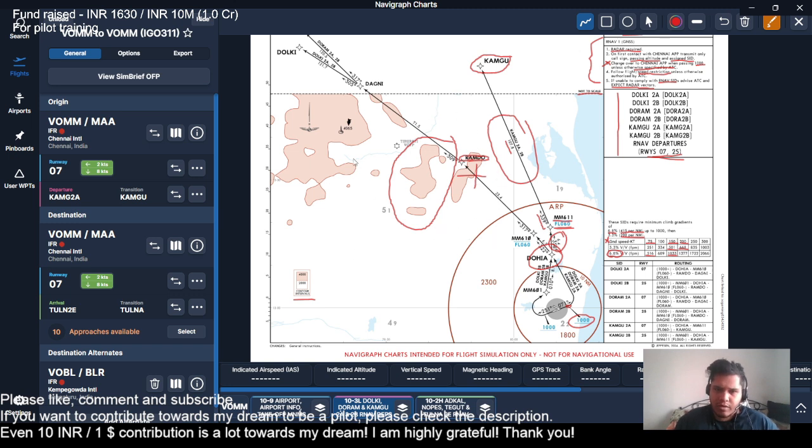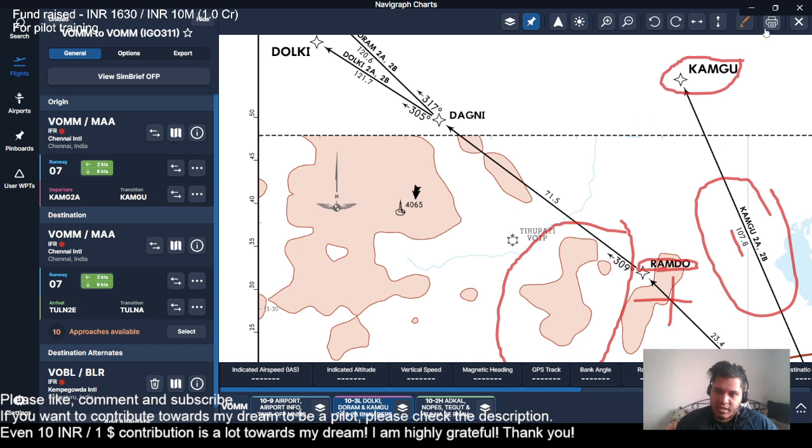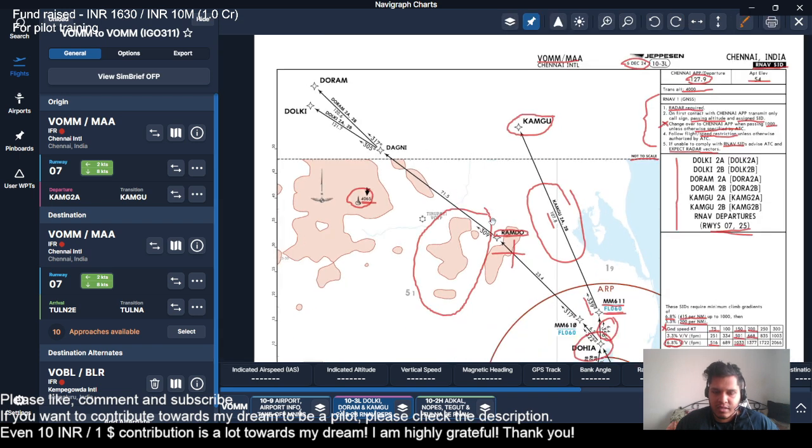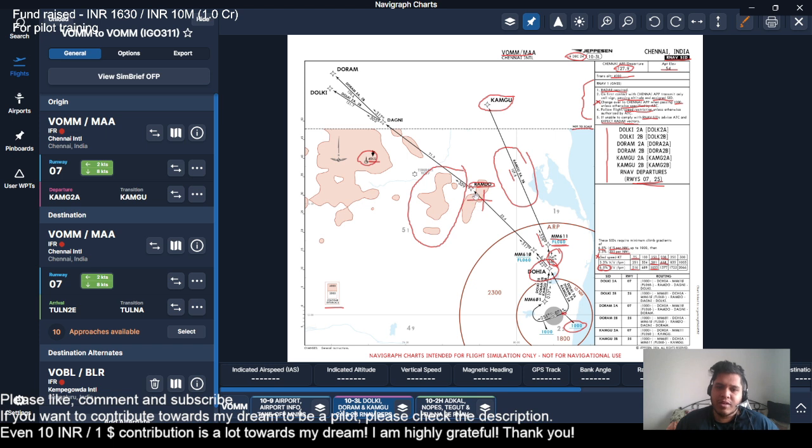But overall the aircraft moves above that. Now here you can see there is a small, I think it is a radio tower or a mobile tower, that is 4065 feet tall. So this is given so that you can avoid the tower, but you are anyway avoiding the tower because there are no certified waypoints in the RNAV SID.